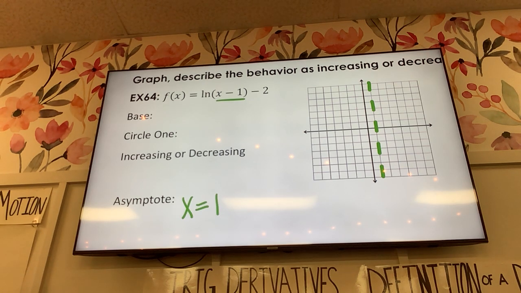All right, then my initial condition is going to come from the number in front of the x, which is an understood 1. So my initial condition is going to be a 1, but remember that's getting moved right 1 and down 2. So normally at 1, right 1, down 2, so your initial condition is going to be right there.